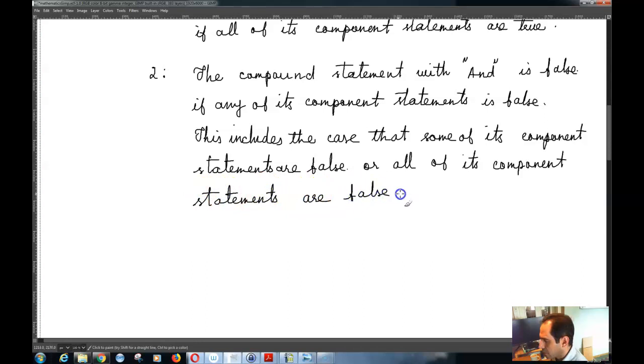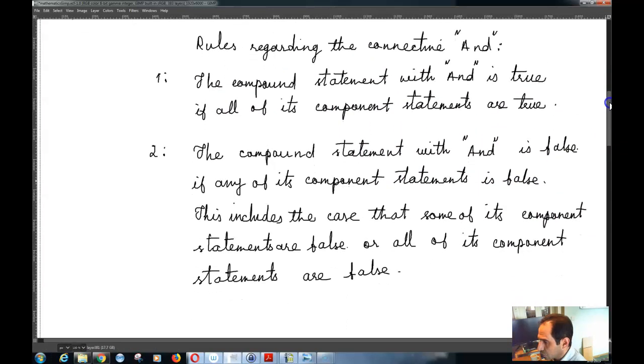So that is simple and easy to understand. So rule number 1: the compound statement with AND is true if all of its component statements are true.